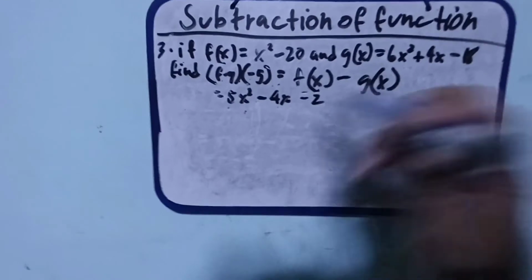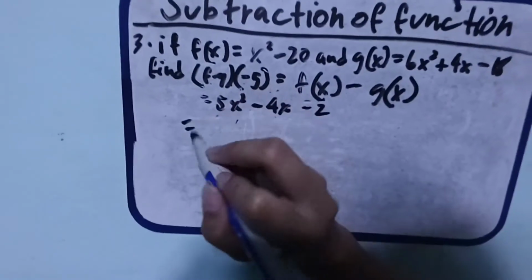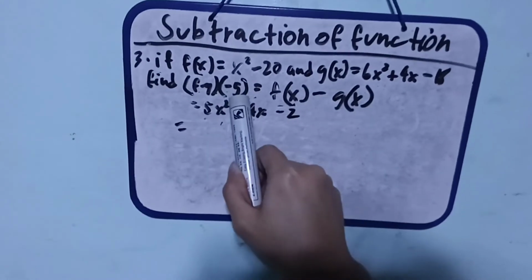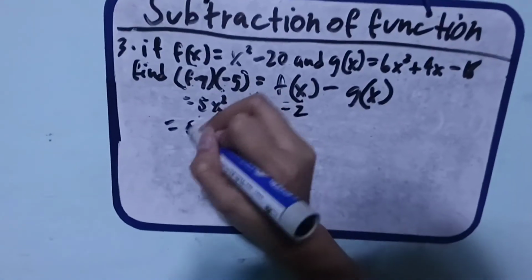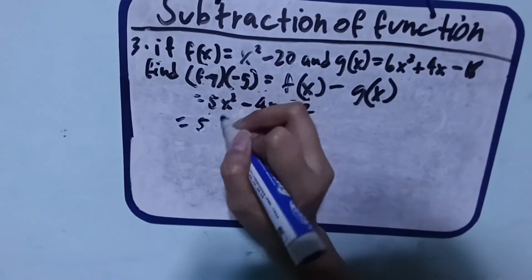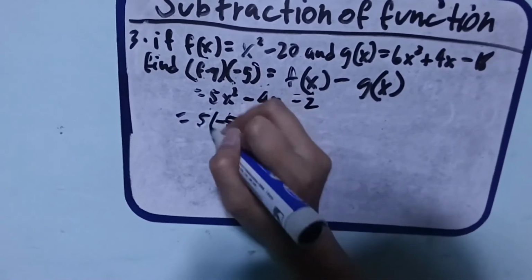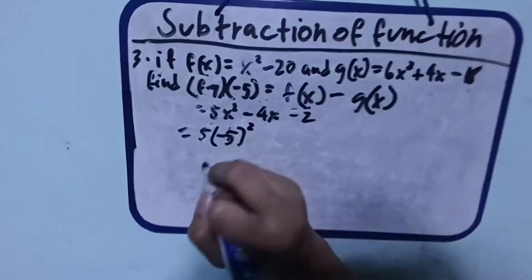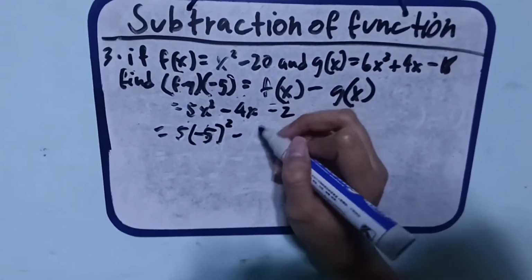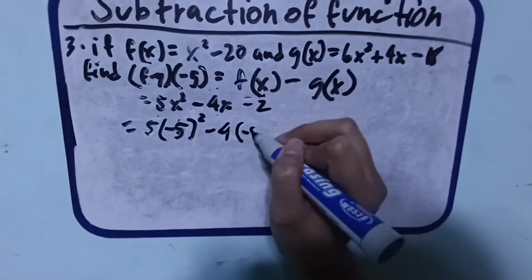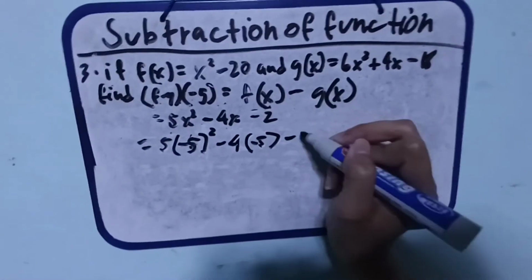So, paano natin siya makukuha? All we have to do is, palitan natin yung mga x ng negative 5. 5x squared magiging 5 times negative 5 to the power of 2 minus 4x. With x to, papalitan ulit natin ng negative 5, minus 2.